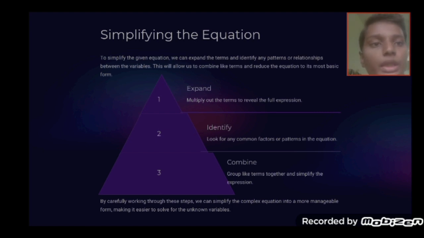Second one, identify: look for any common factors or patterns in the equation. Third one, combine: group like terms together and simplify the expression. By carefully working through these steps, we can simplify the complex equation into a more manageable form, making it easier to solve for the unknown variables.